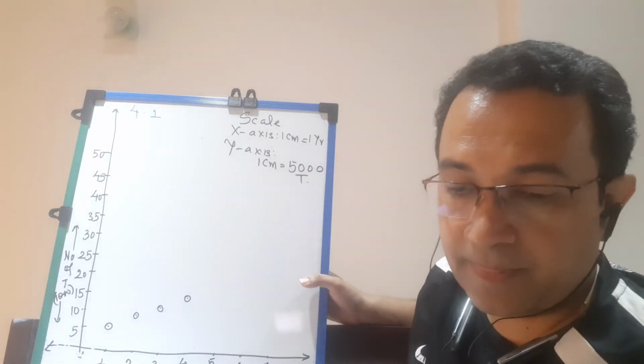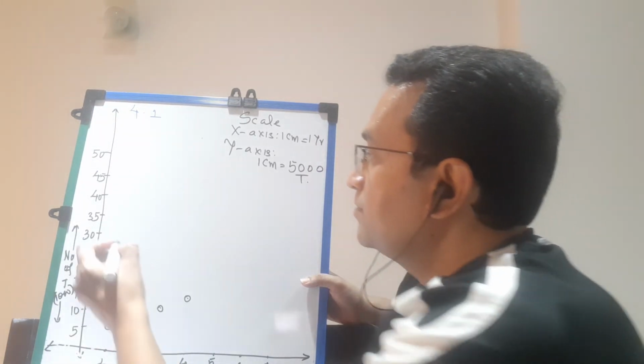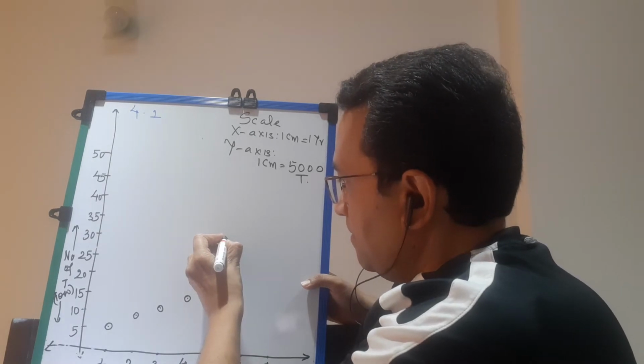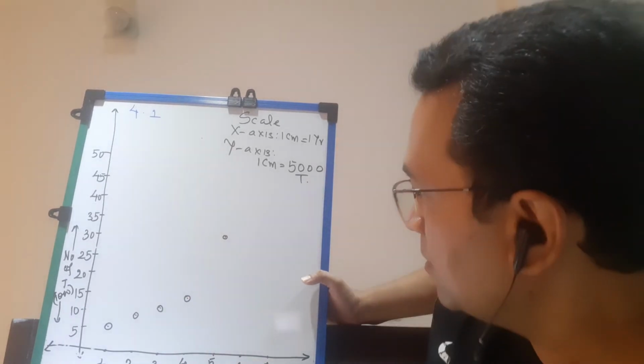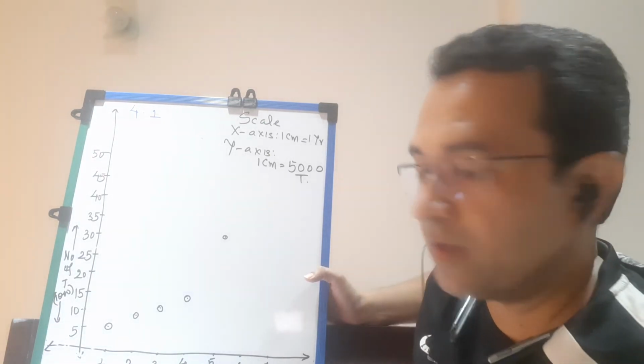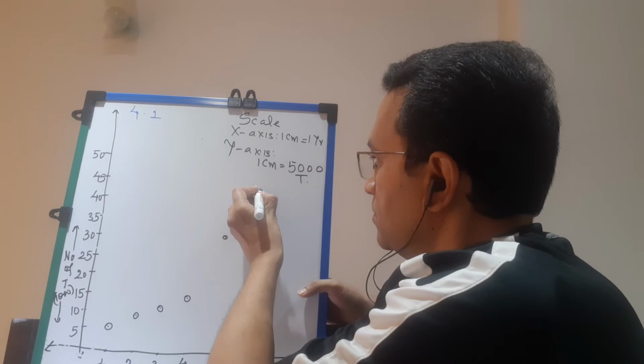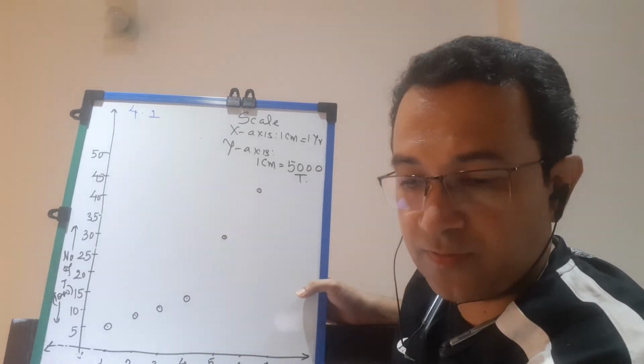For 5, we have 30. For 6, we have 41, just above 40. And for 7, students, we have 50.